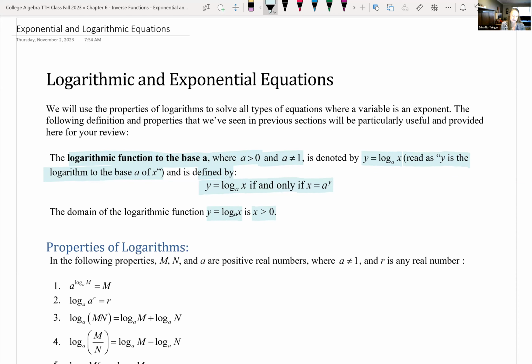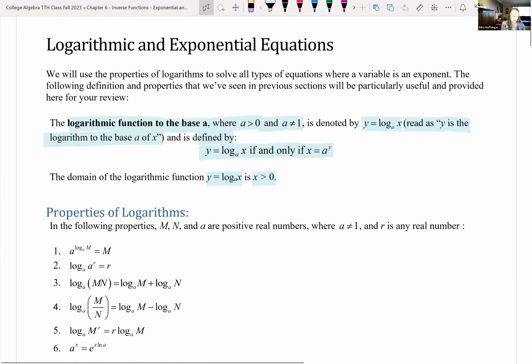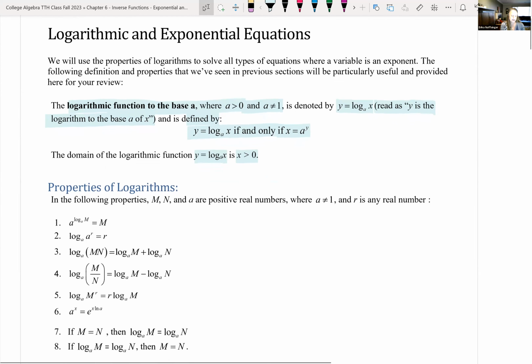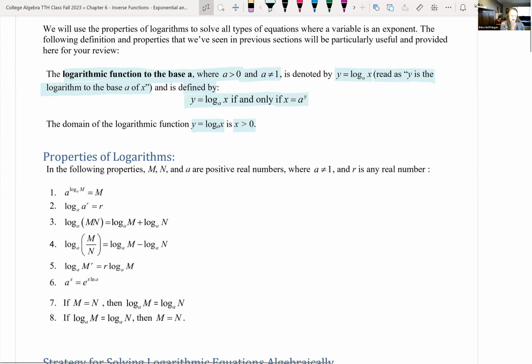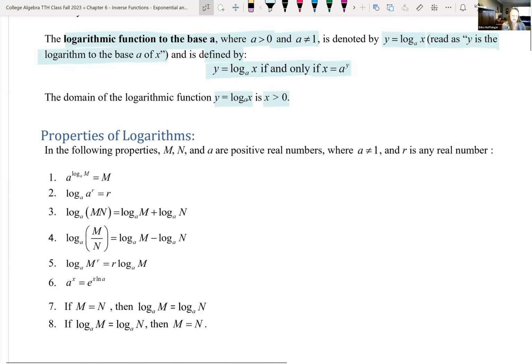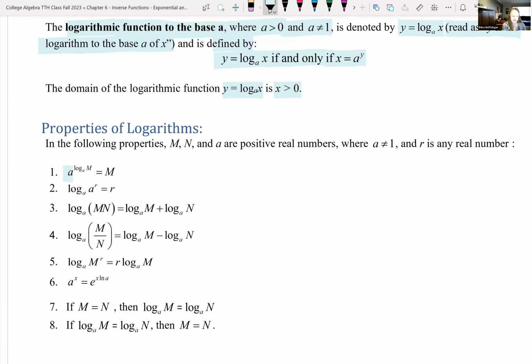So we had just went through all of these properties. So basically, if you have base a raised to the log, same base as the base of our exponential, a to the log base a of m, that's just going to be the argument of that log, m. Log base a of a raised to the r power was equal to r, just the exponent.